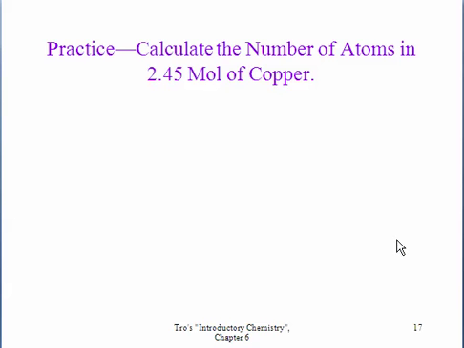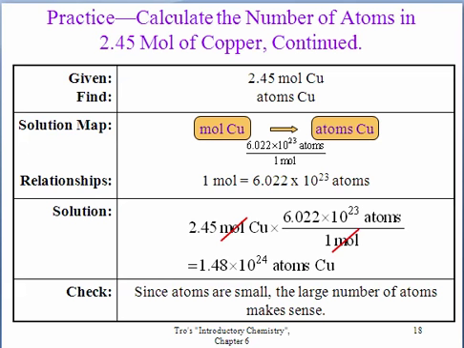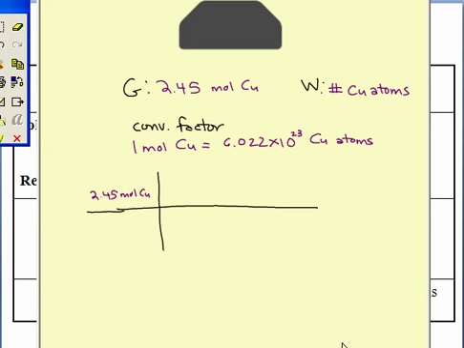Okay, let's see how you did. The first thing that you want to do is write down your given value. We're given 2.45 moles of copper, and we want number of copper atoms. Now copper as a metal, and here it is as an element, is made up only of atoms.